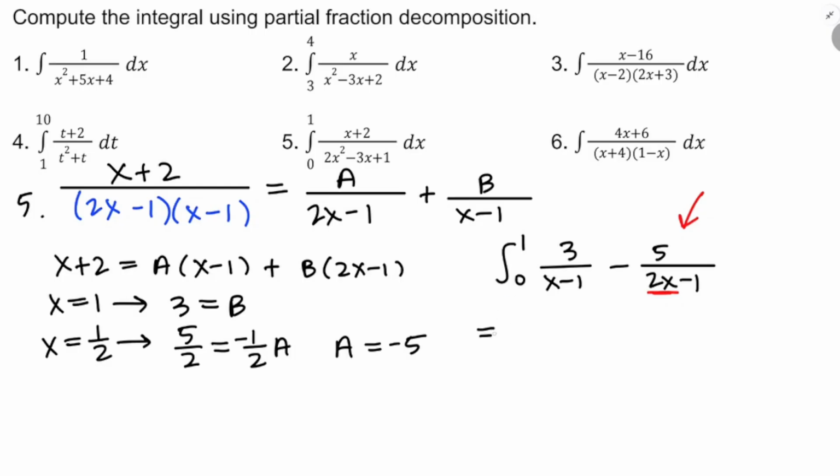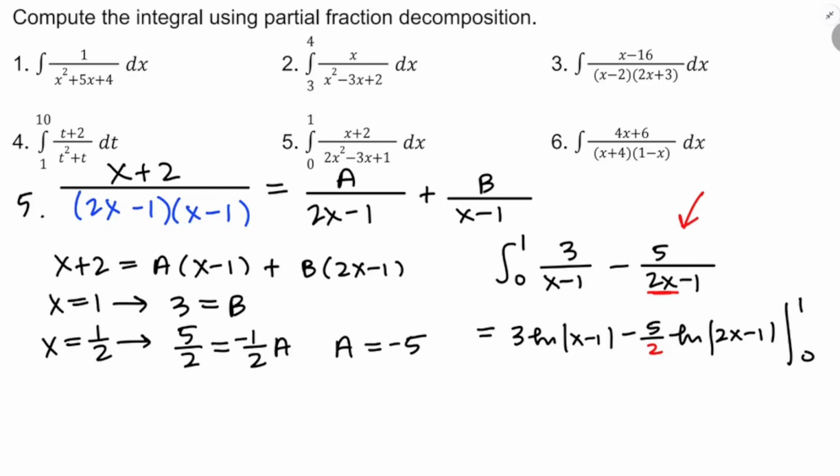So I'm going to get my antiderivative, and I'm going to say that's 3 log absolute value x minus 1 minus 5 log absolute value 2x minus 1, but I'm going to need to divide by 2 there to appease the chain rule. I'm going to let x run from 0 to 1.